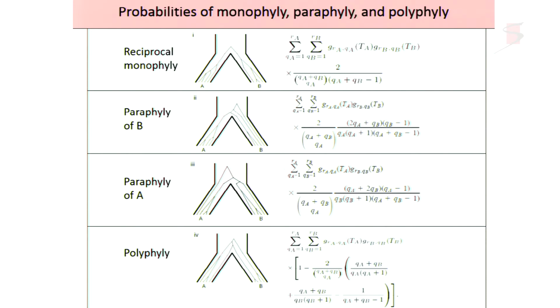There's a double sum, the first sum representing something happening on the left side, the second sum representing something happening on the right side, a product of two terms, one for the left side, one for the right side, and then a third term which represents something happening above the root. And so this set of equations reproduces the theoretical formulas that underlie some of the observations from those early papers.